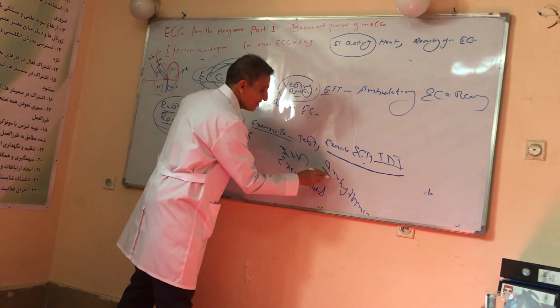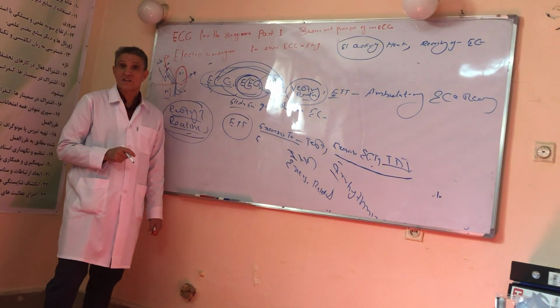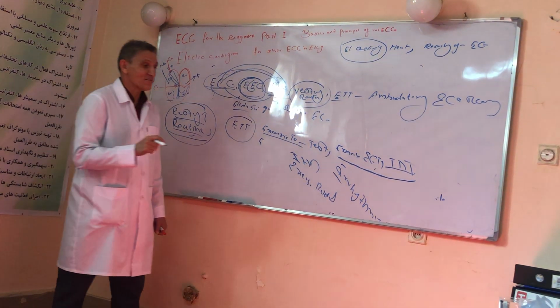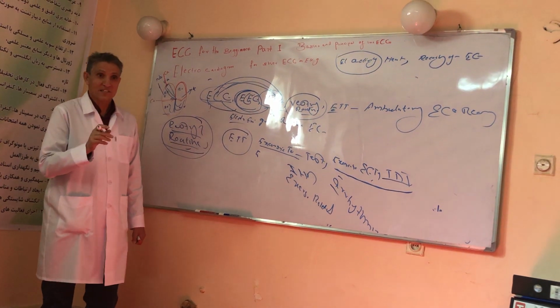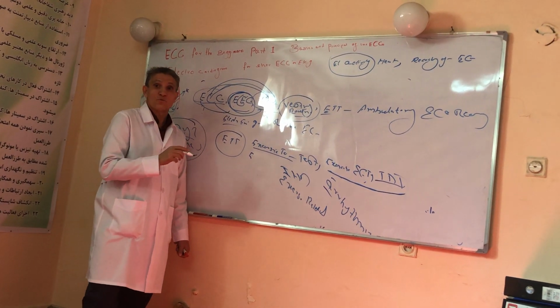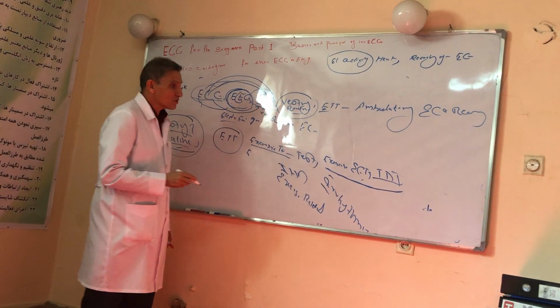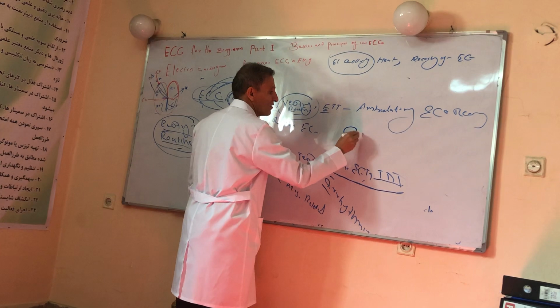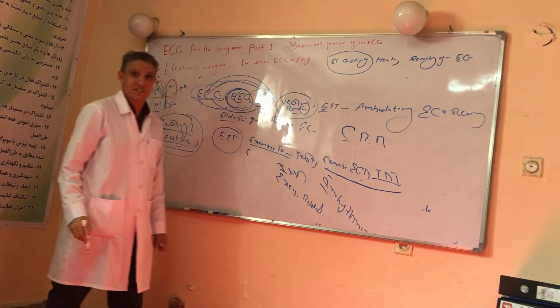As I mentioned before, this test needs special situation and condition. This depends upon a special room. During taking of this ETT test, we should have two people with experience in close monitoring and CPR, cardiopulmonary resuscitation.